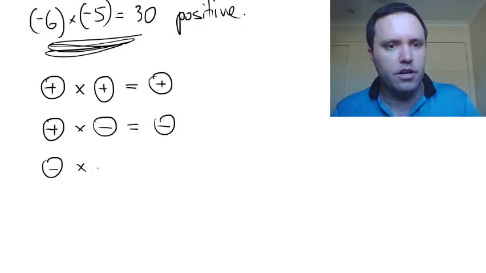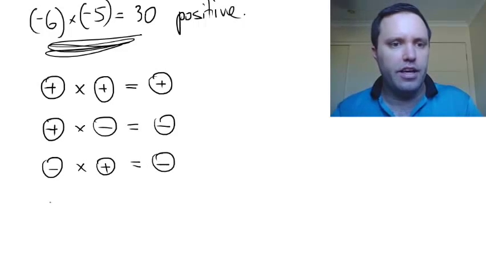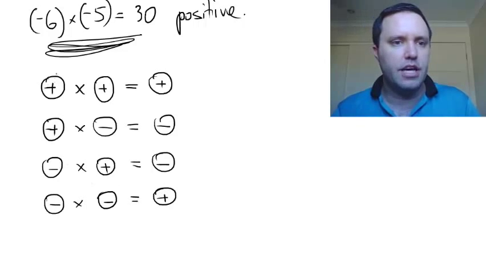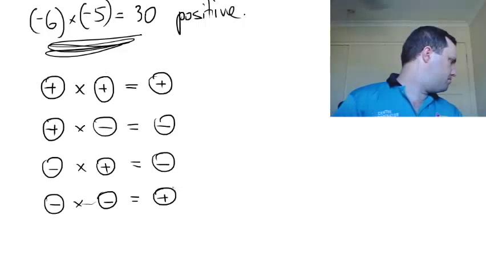If I have a negative number times a positive number, that is a negative. And if I have a negative times a negative, that is a positive. So if the same sign is present, you go to positive. See, positive, positive, positive, negative, negative, negative.